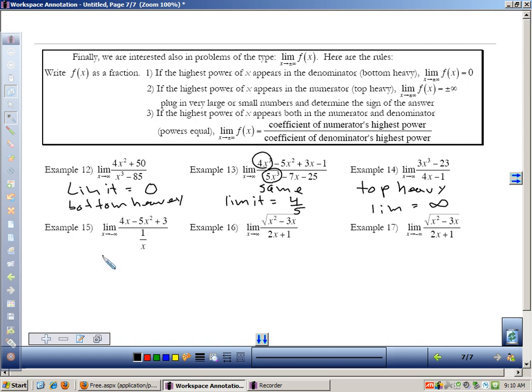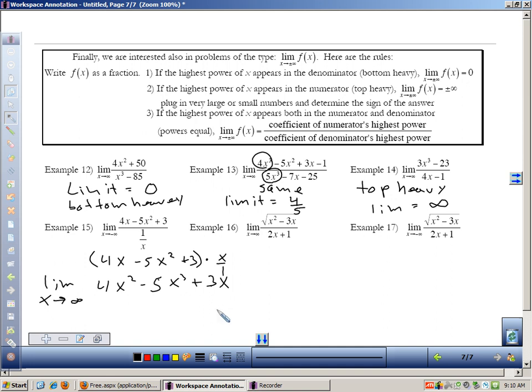So this is 4x minus 5x squared plus 3 times x over 1. Put a parenthesis here, and we can just distribute my x. So this is just 4x squared minus 5x cubed plus 3x. So we're just looking for the limit as x approaches infinity of 4x squared minus 5x cubed plus 3x.